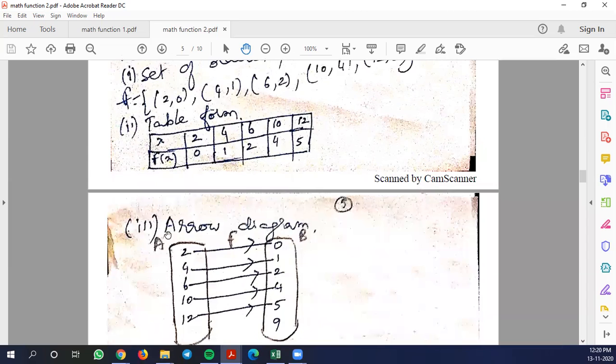Then the arrow diagram. For that, you have to draw the set A and the set B. For drawing the arrow diagram, one thing to be followed: you have to write all the elements of A in the A set.